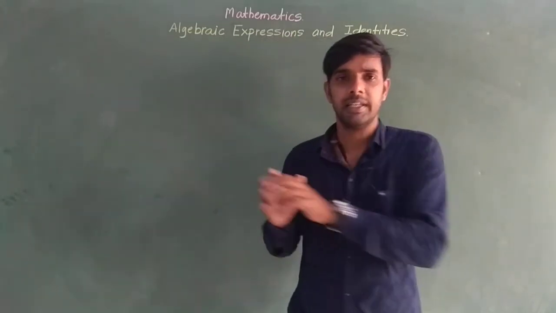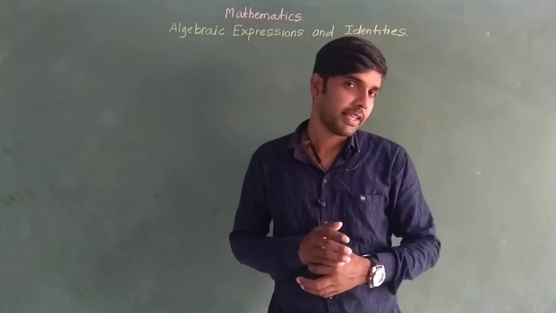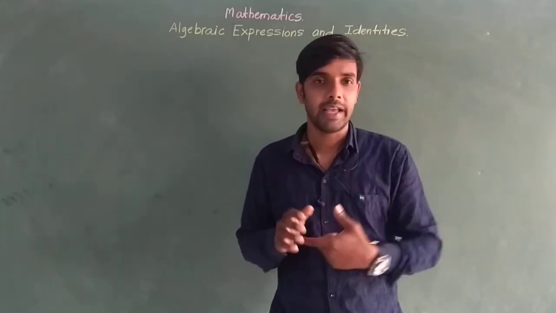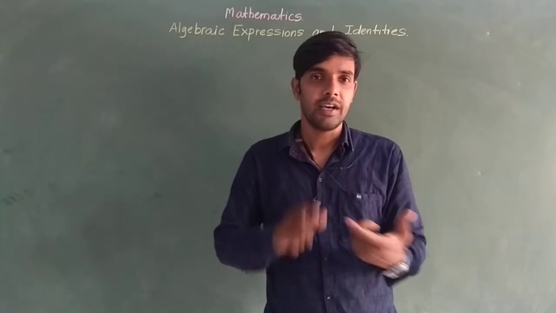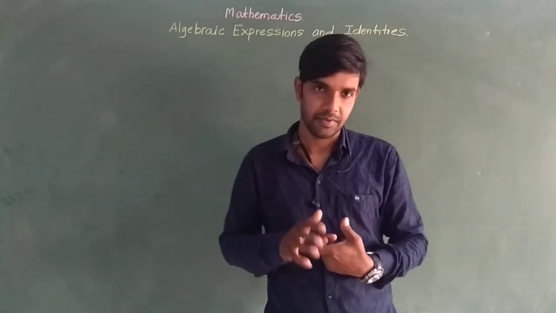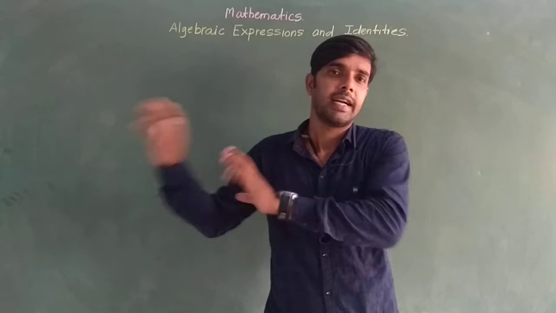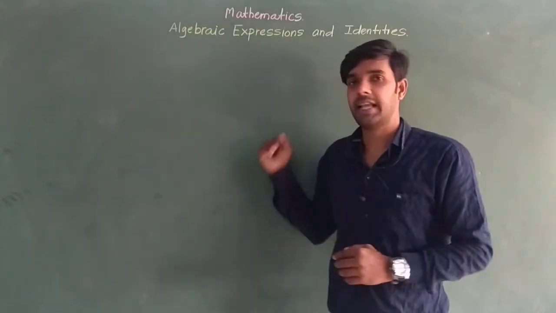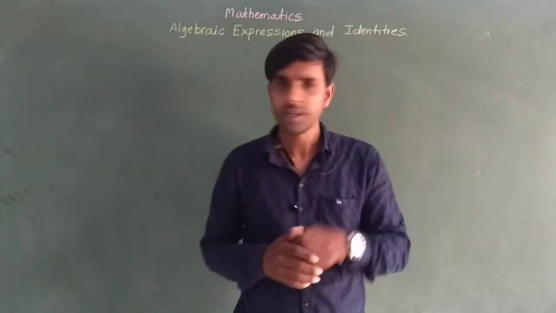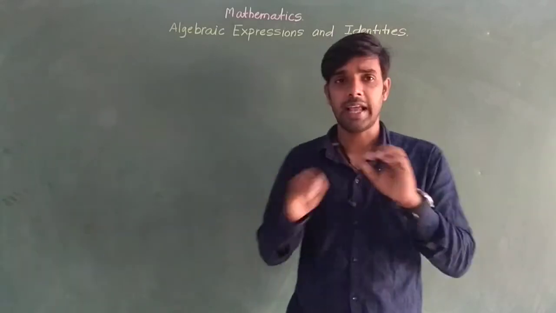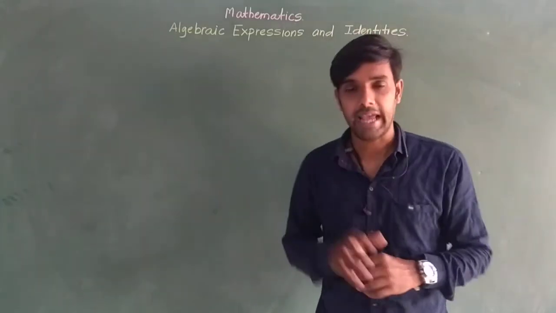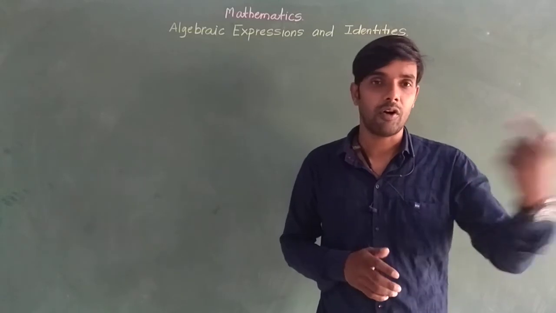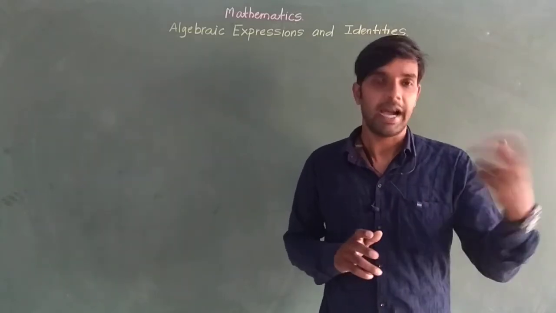In the last 2 or 3 lectures we solved the examples straightforward, using the three identities directly, like (a plus b) whole square directly. But in this lecture we will do some arrangement or adjustment to find the answer of the given question according to our three identities. Got it?